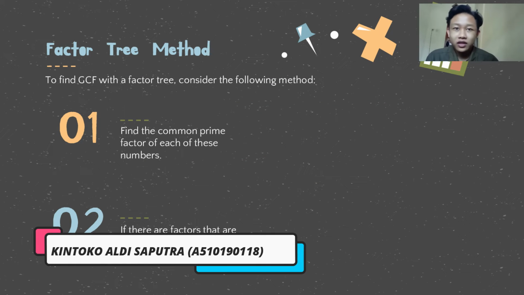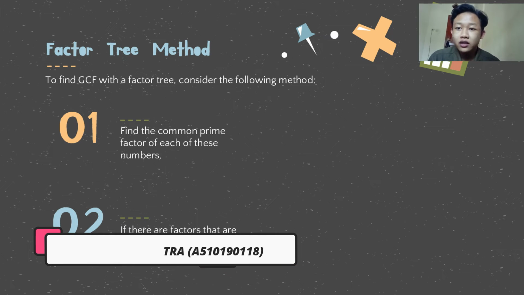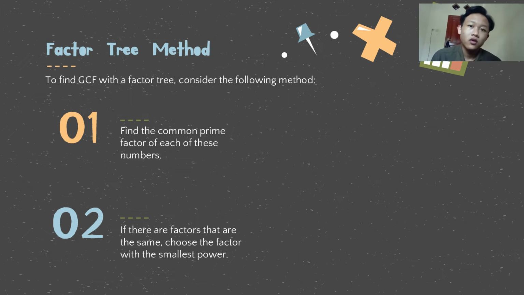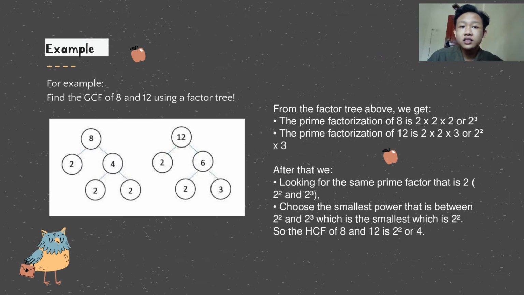Okay, the factor tree method. To find the GCF with a factor tree, consider the following method. Find the common prime factors of each of these numbers. If there are factors that are the same, choose the factor with the smallest power. For example, find the GCF of 8 and 12 using a factor tree. From the factor tree above, we get the prime factorization of 8 is 2 × 2 × 2, or 2 to the power of 3.